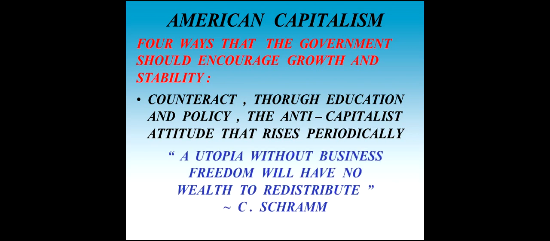In going back to reinforce some advice from Milton Friedman from Chapter 3, here we have a quote from Carl Schramm, which takes it further by saying, "A utopia without business freedom will have no wealth to redistribute."